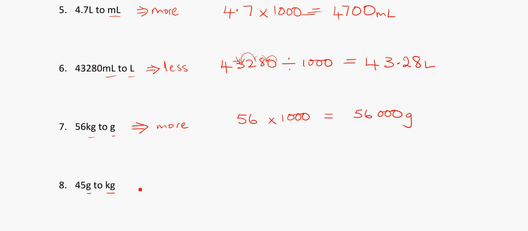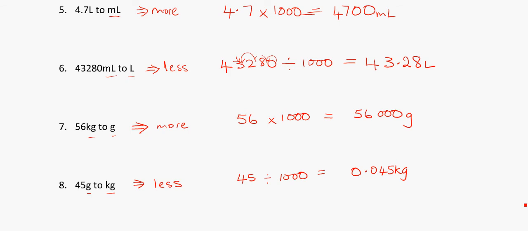So we're changing to a larger unit, so we're going to have less of them, and we're going to divide. So 45 divided by 1,000, and we end up with 0.045 kilograms.